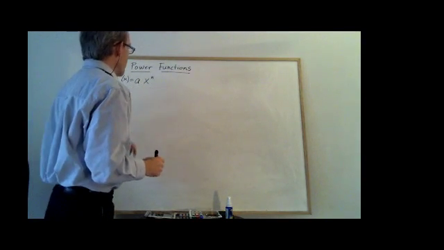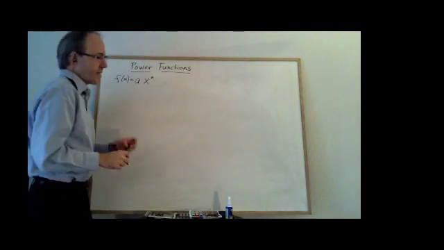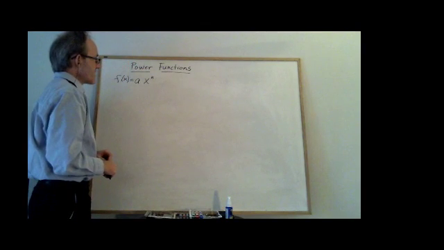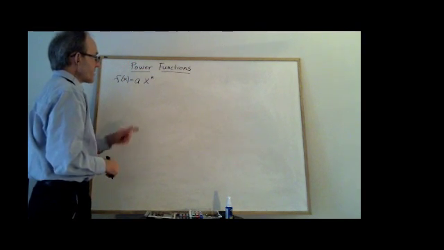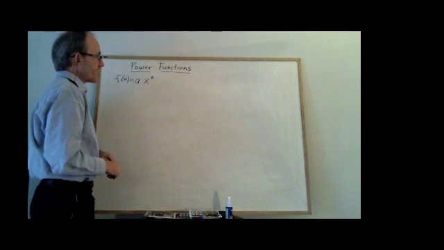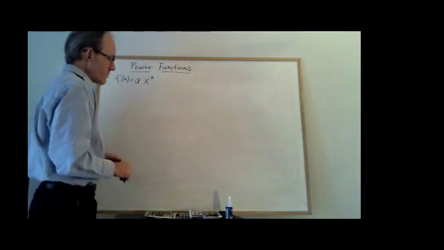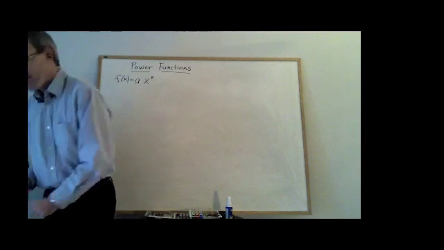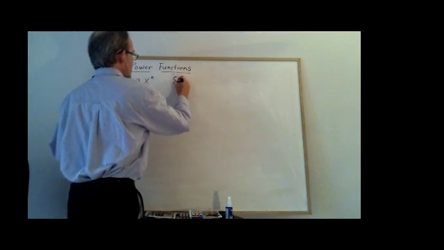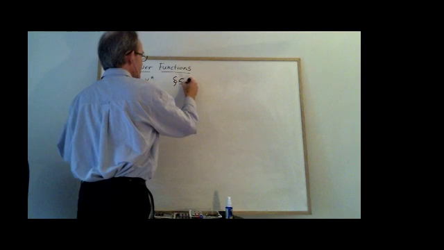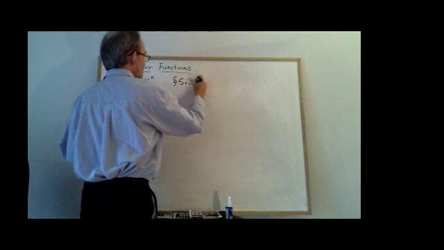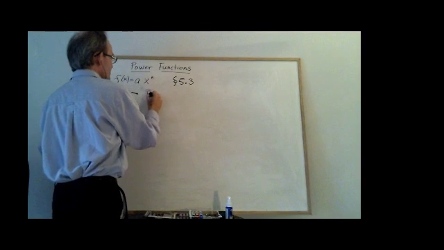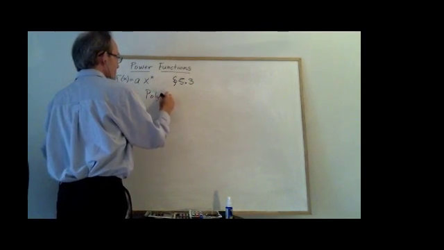I think I also looked at the endpoint behavior of these functions and especially what their behavior looks like at the origin. So in this section, the section that I intended to cover in this lecture was 5.3. This starts to deal now with polynomial functions.